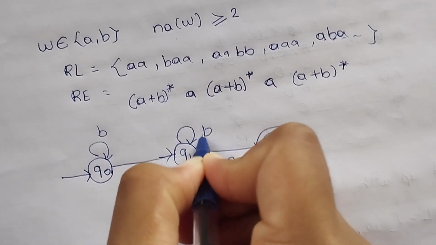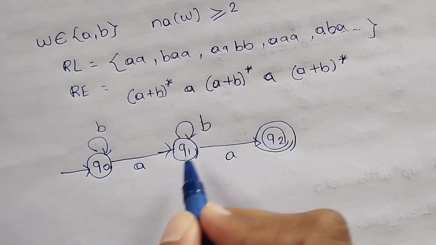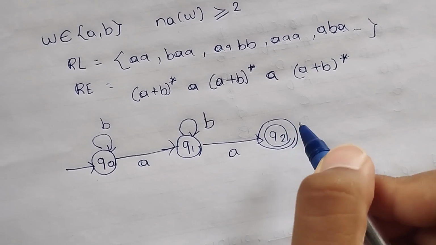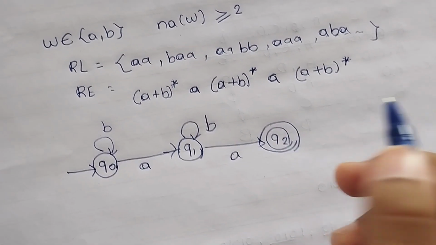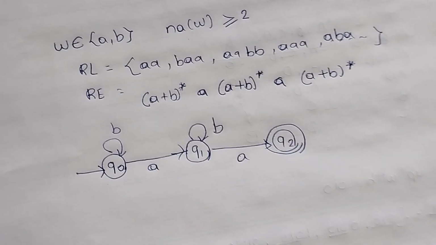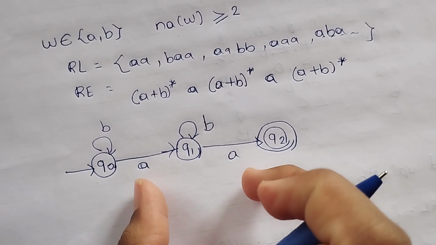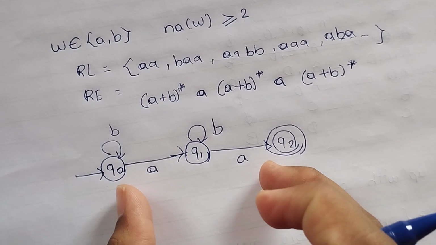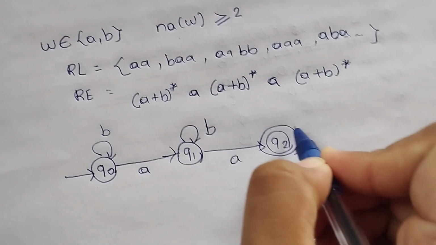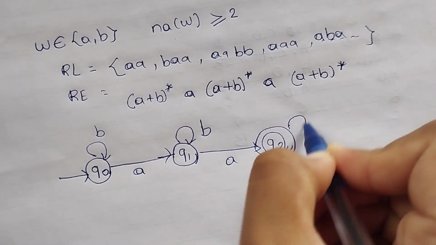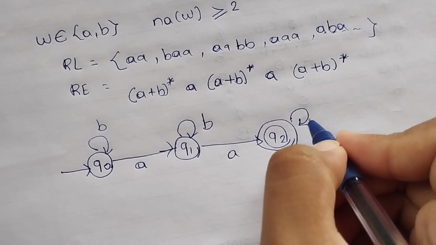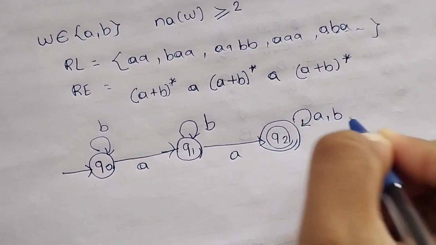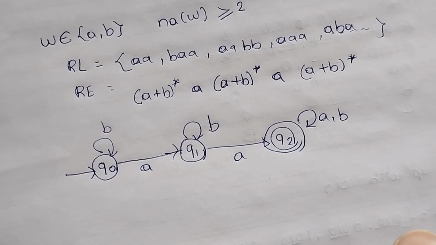Now we think about A and B at Q2. It is not compulsory that the string ends with A only. The string can continue in the middle also. So if any string of A and B comes at the end, it is also accepted. So we transfer A and B to Q2 itself.